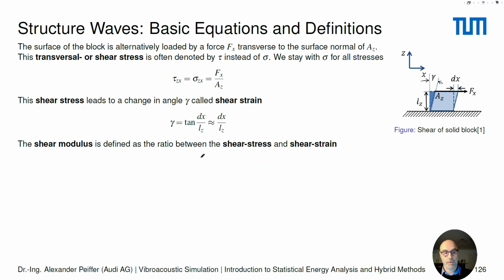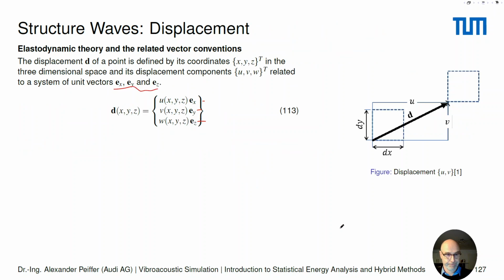And we also have a modulus that defines this ratio between the shear stress and shear strain, and this is what we call the shear modulus, denoted by symbol G, and that's the ratio between the shear stress divided by the shear strain.